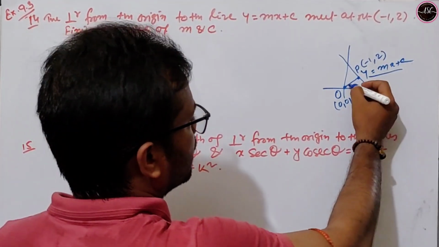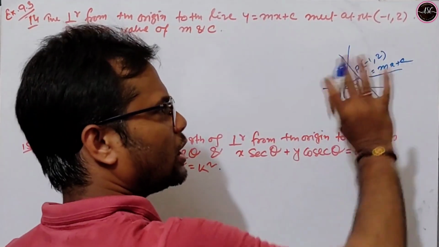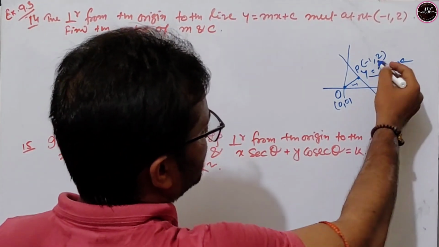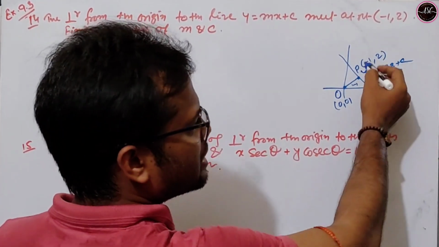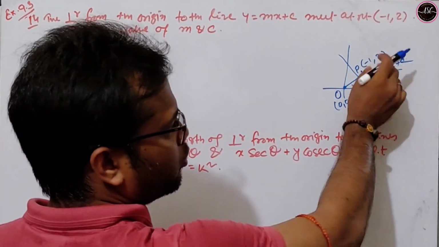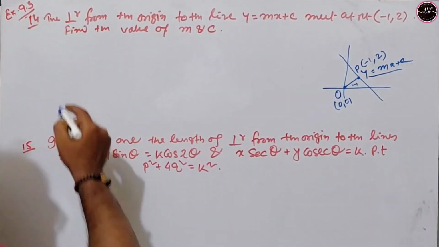Okay, here then look, this perpendicular, let this be L1, we can get the equation of L1. And here the line y is equal to mx plus c passes through minus 1 comma 2. So if we put the value of x and y in this, we will get an equation.